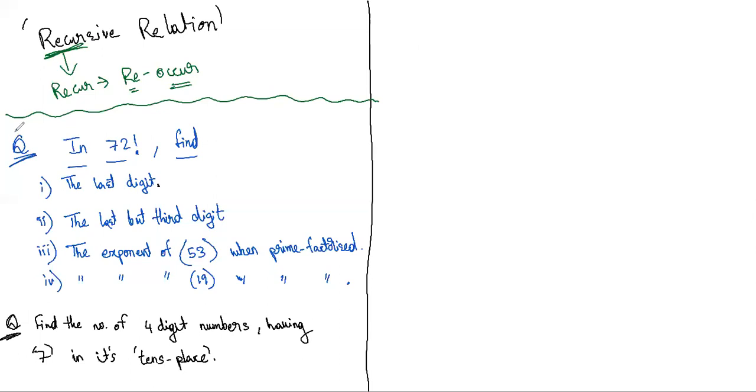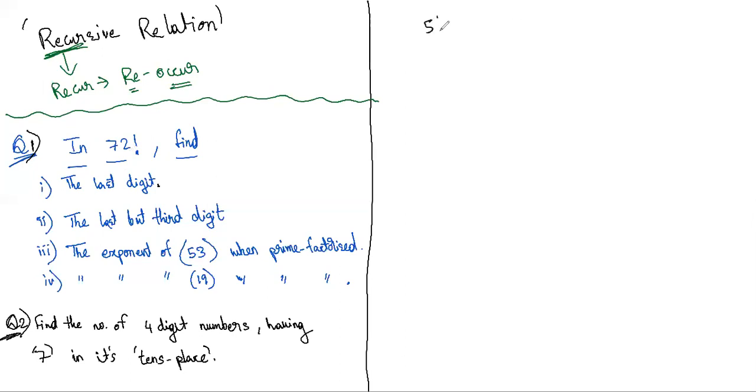Okay. Question 1. See, actually it's quite simple. Find the last digit of 72 factorial. Before we go to 72 factorial, what is the value of 7 factorial? Forget 7 factorial.